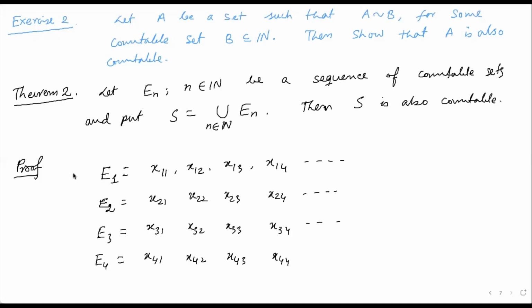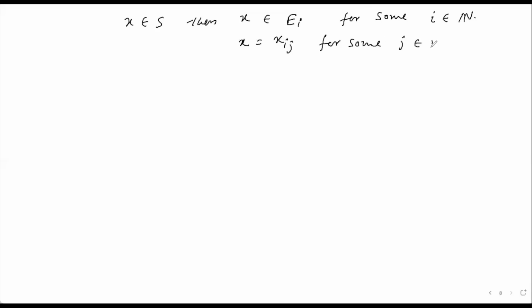So similarly we can arrange the elements of Ei for every i. Therefore if x belongs to S, then x belongs to some Ei for some i in the set of all naturals, and then x equals xij for some j in the set of all naturals.